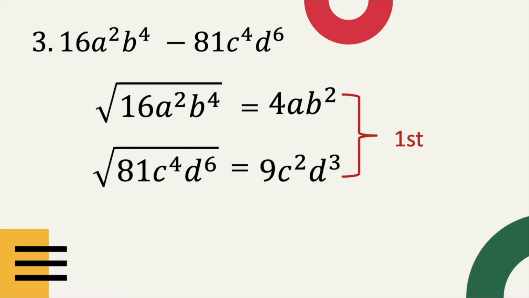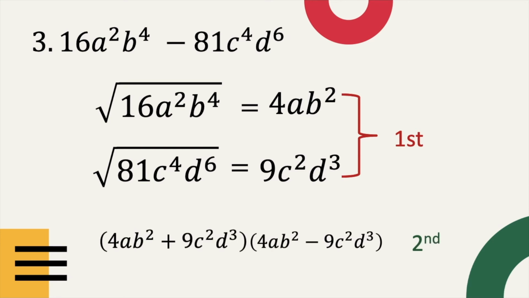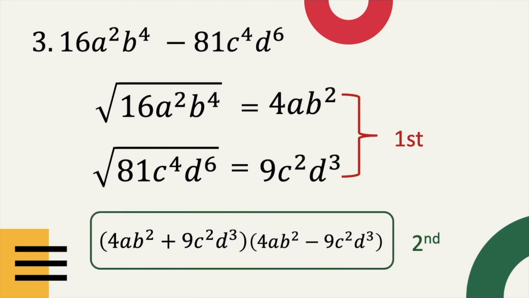Forming two factors, the sum and difference, we have 4ab squared plus 9c squared d cubed and 4ab squared minus 9c squared d cubed. Therefore, the factored form of 16a squared b raised to 4 minus 81c raised to 4 d raised to 6 is 4ab squared plus 9c squared d cubed times 4ab squared minus 9c squared d cubed.